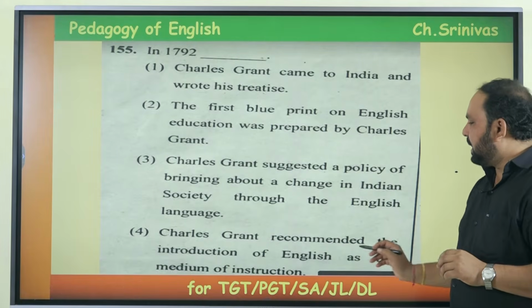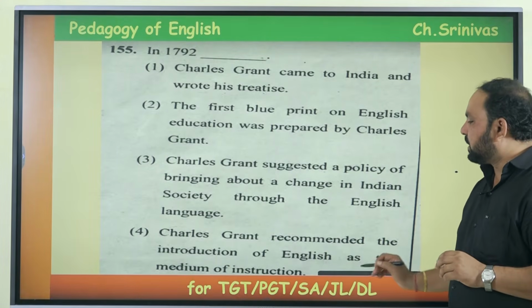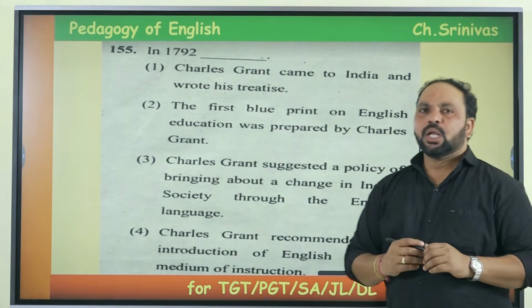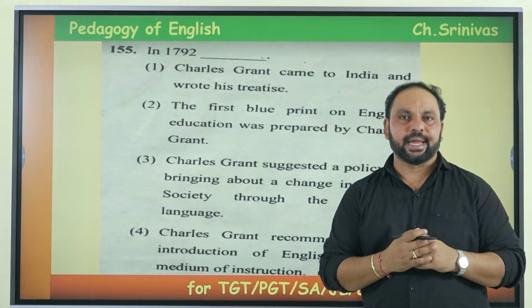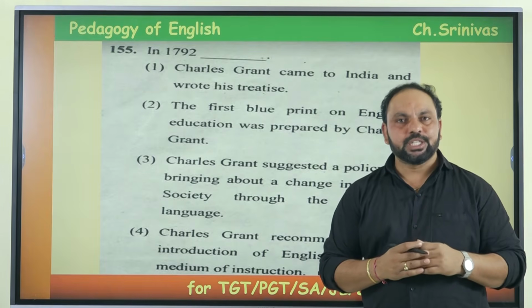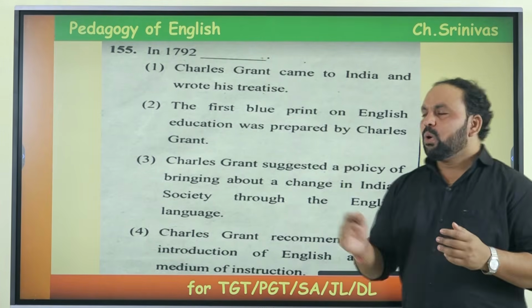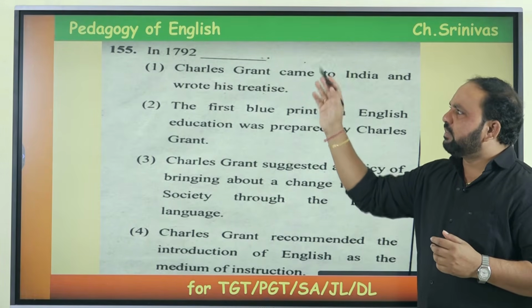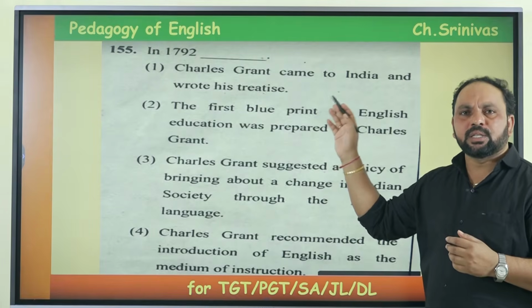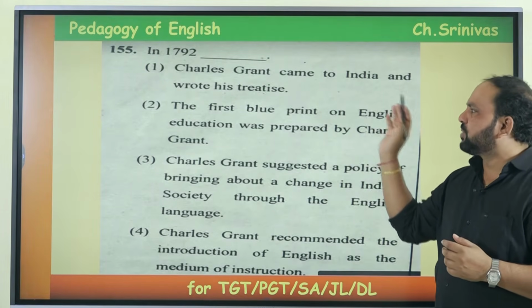Charles Grant recommended the introduction of English as the medium of instruction. So what happened as a result in the year 1792? So all the three are similar, but before 1792, Charles Grant came into India and he wrote his treatise.